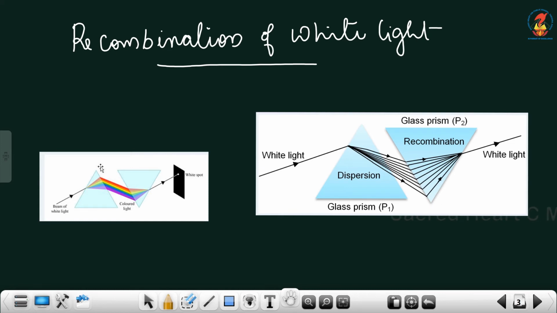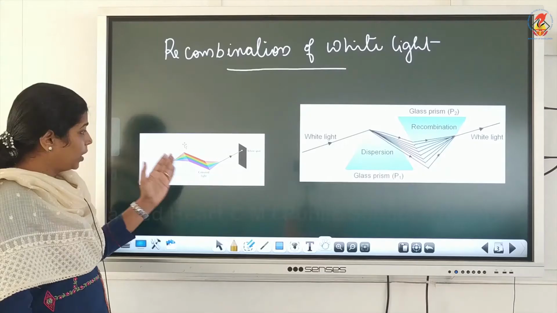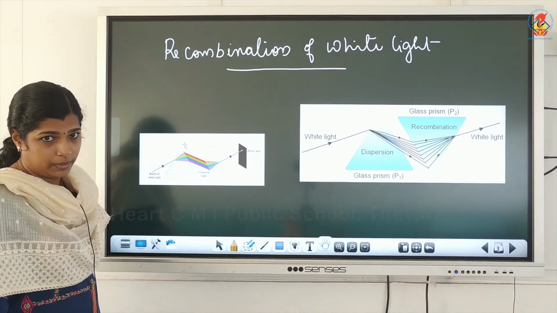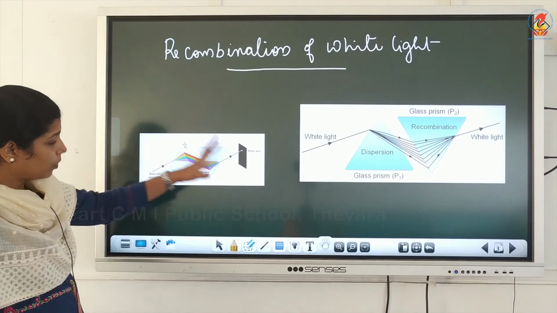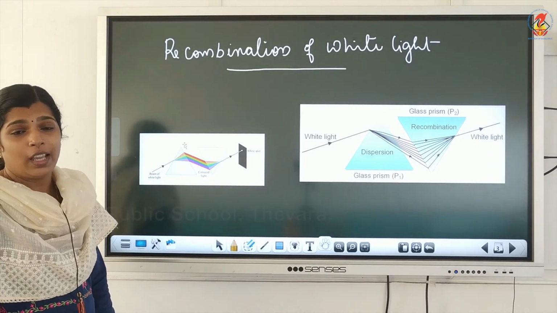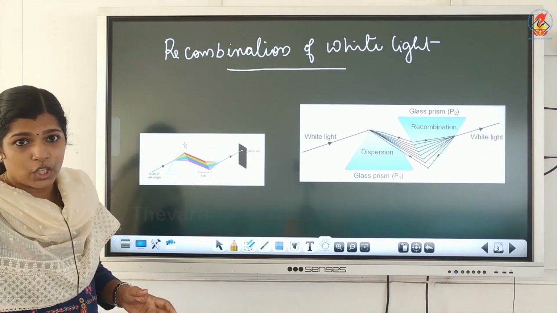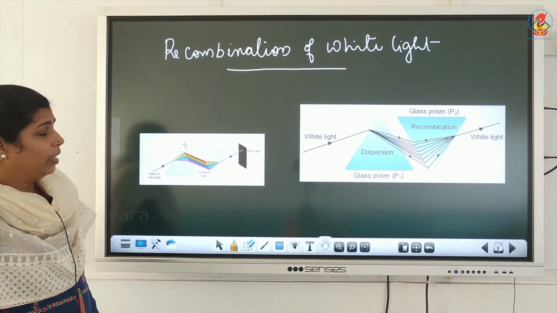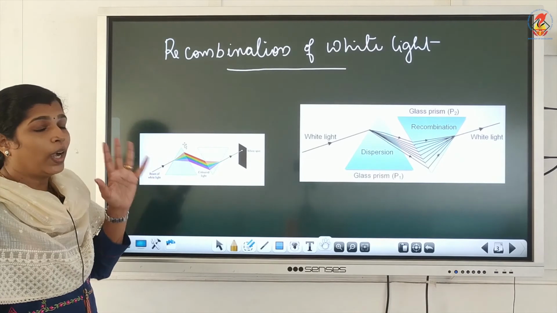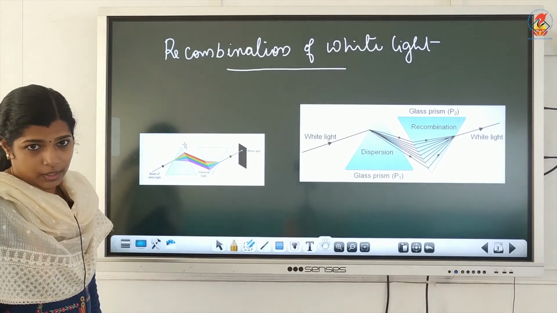It splits up into 7 colors, and these are allowed to pass through the second prism, which is in an inverted position with respect to the first one. He observed a beam of white light on the screen and concluded that white light consists of 7 colors.